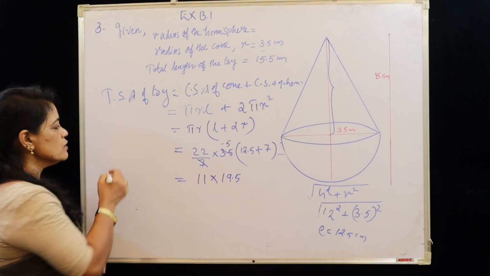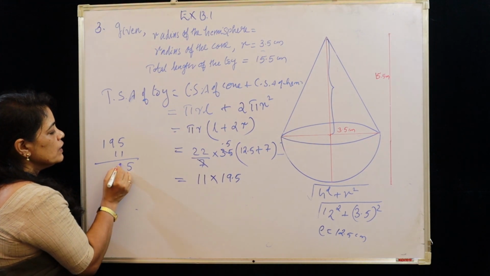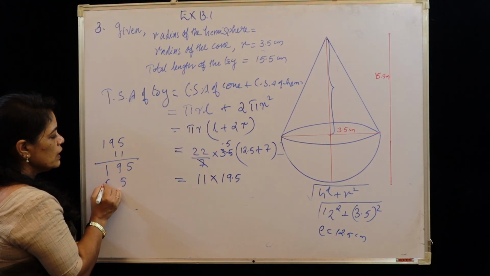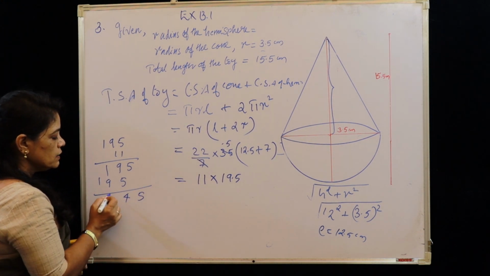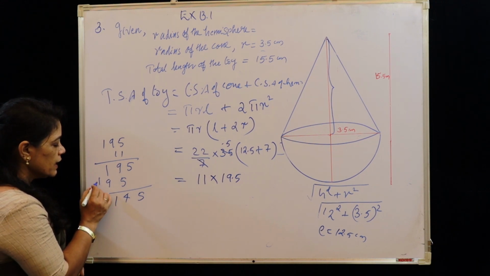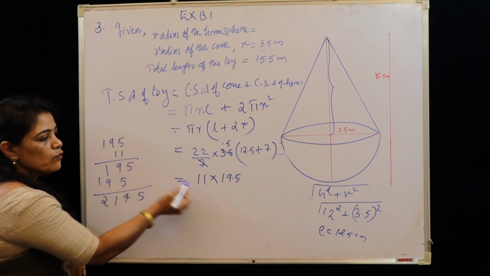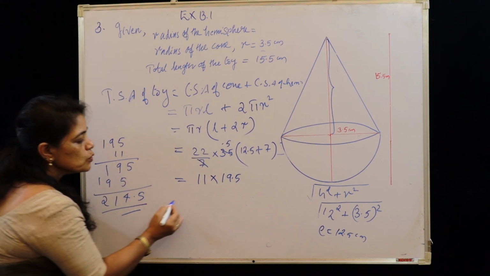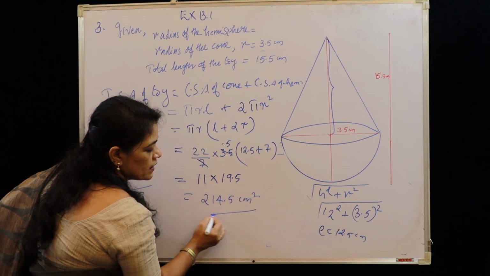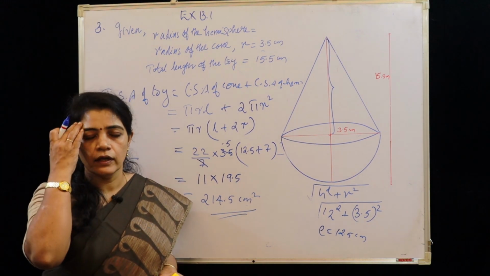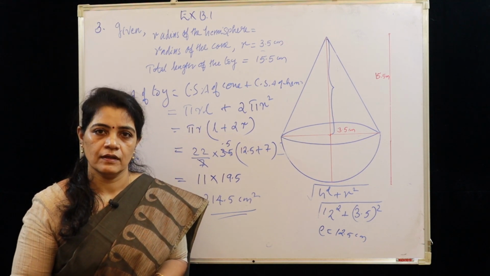Again decimal multiplication, so without the decimal multiply 195 with 11, that is 5, 9, 1, then 5, 4 plus 1, and carrying the remainder 1, that is 1 plus 1, 2145, and one decimal place should be shifted, so 214.5 centimeter square. This is the TSA of the toy, by adding the CSA of the cone with the CSA of the hemisphere.